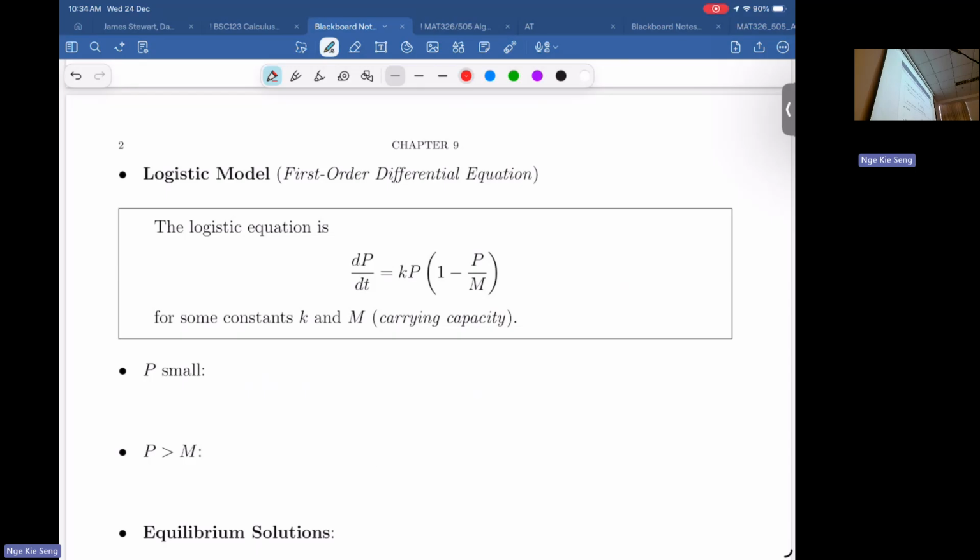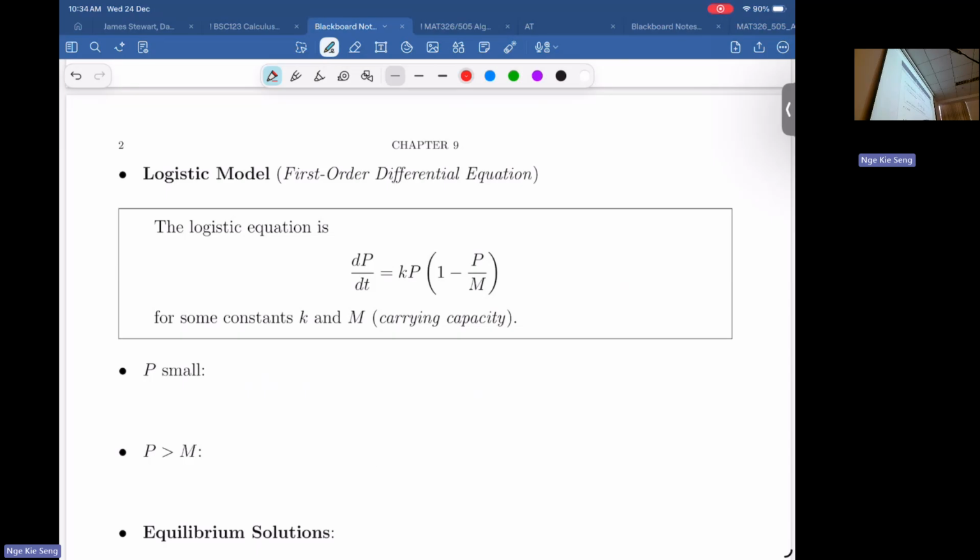Can you imagine when this factor equals 0? When is this factor equal to 0? Exactly when p equals m. Exactly when p meets the constant, it will be 0. And when is it 1? When the population is relatively small compared to the carrying capacity.